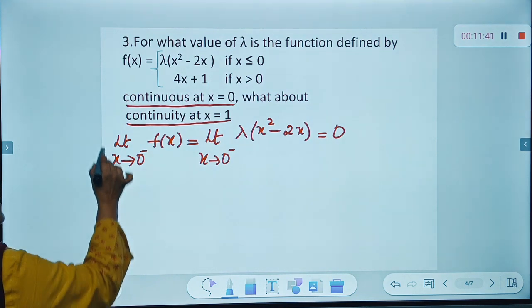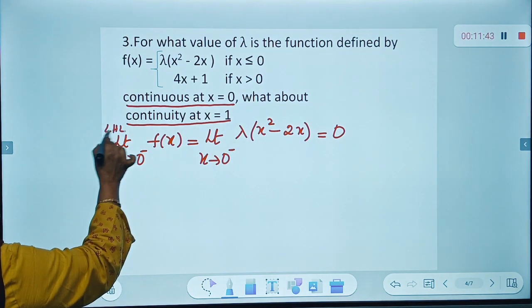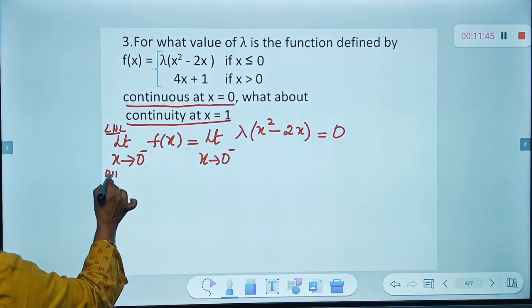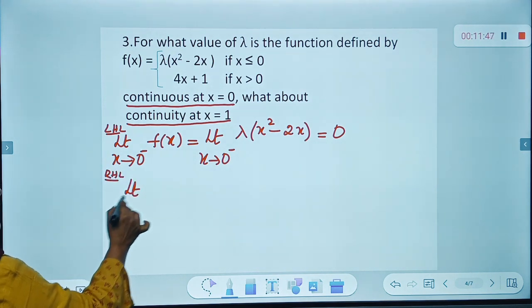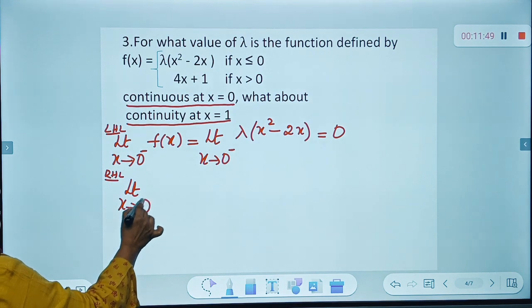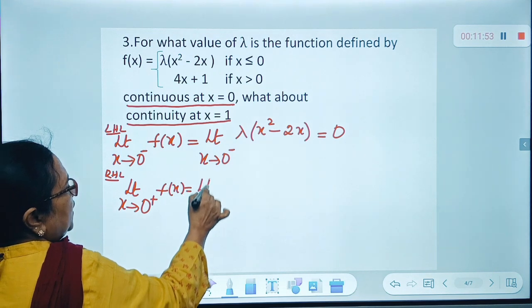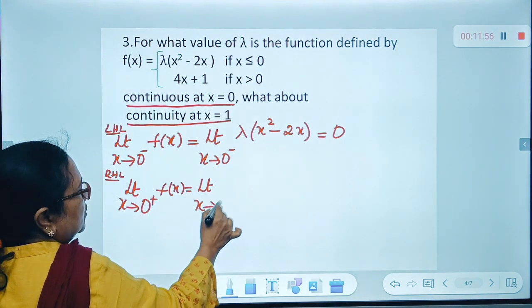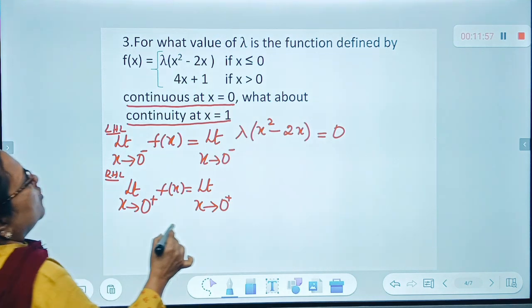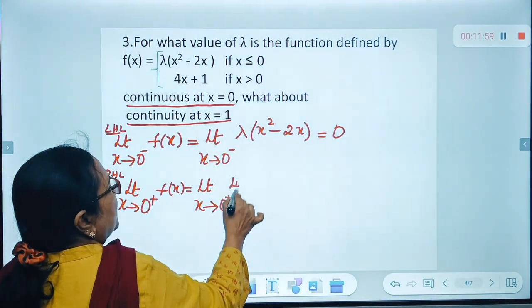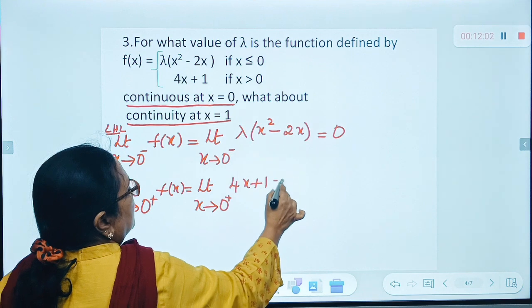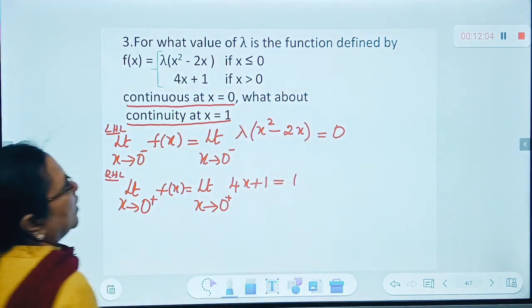This is your left hand limit. What will be the right hand limit? Limit x tending to 0 plus of f of x, which is limit x tending to 0 plus of, what is the function? 4x plus 1. So when x is 0, it is 1.